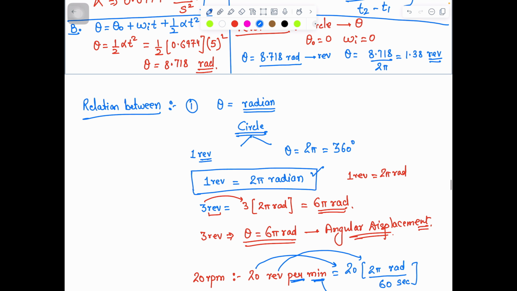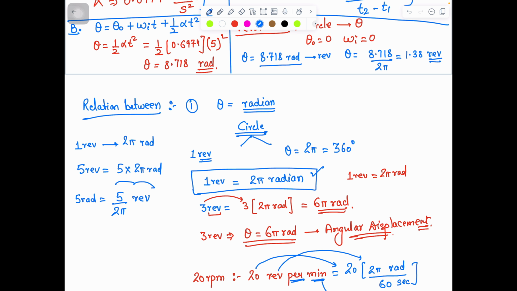Yes or no? Or make it easy, if you want to convert revolution to radian, there is 2 pi. Clear? So if you are converting, let's say 5 revolution, you are doing 5 multiply 2 pi radian. Yes or no? If anyone gives you 5 radian, then what we need to do? 5 divided by 2 pi revolution.